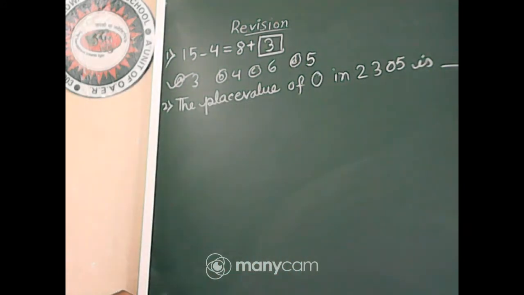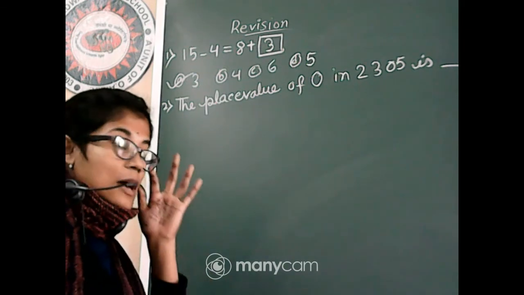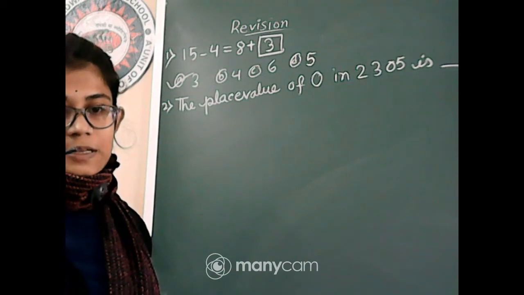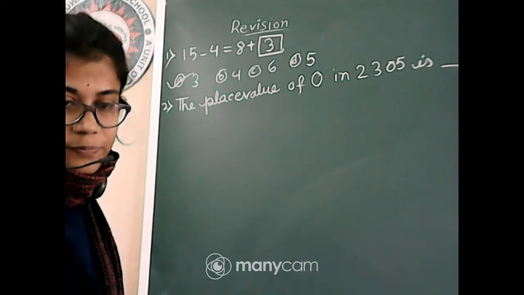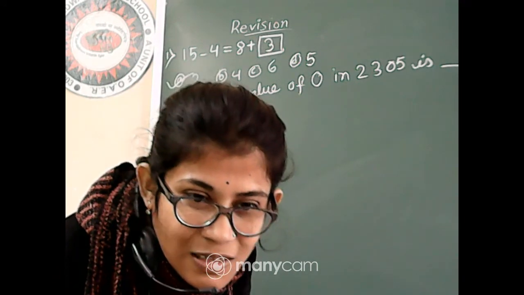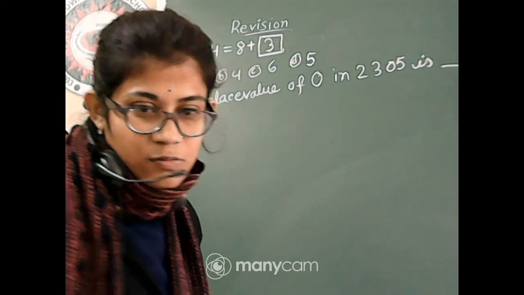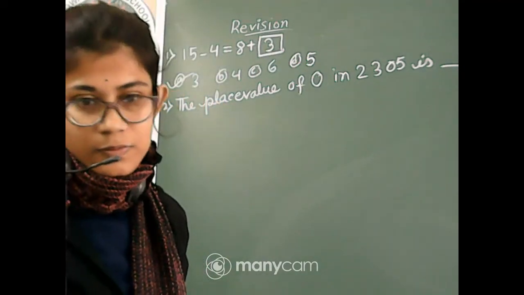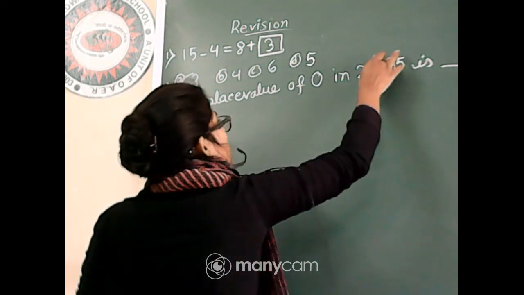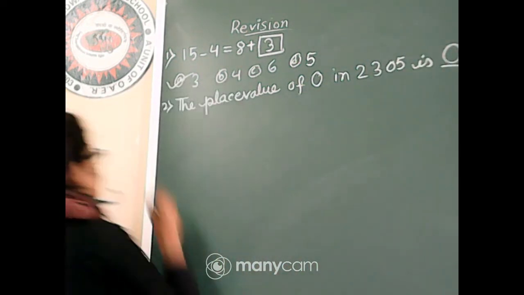The place value of 0 in 2305 is 0. Okay. Very good, Shauri. Tens? Why tens, Tofik? 0. Good. Because we know that the place value of 0 is always 0.